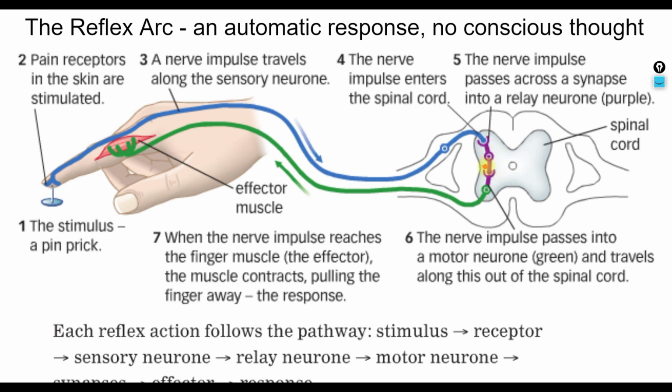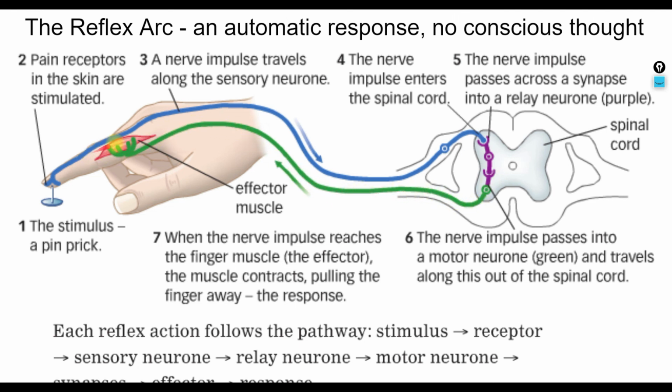Now the relay neuron, remember, is a coordinator. That transfers the message onto a motor neuron. Again, there's another synapse here. The synapse is converting the little electrical message briefly into a chemical message. And then a new electrical message starts again in the green motor neuron.